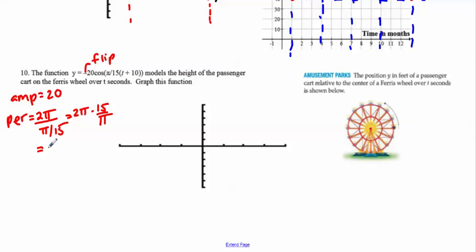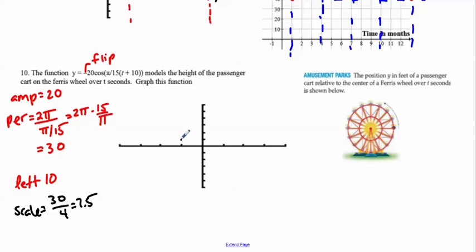So their period is 30. The plus 10 is going to shift your whole graph to the left 10. And to figure out your scale, the scale is 30 divided by 4, which is 7.5.